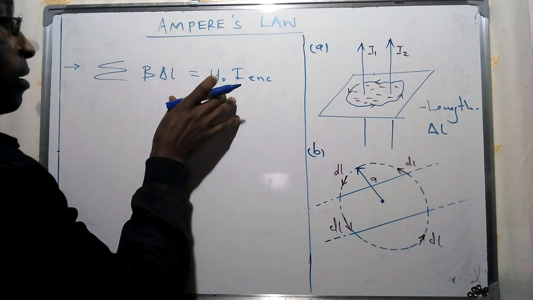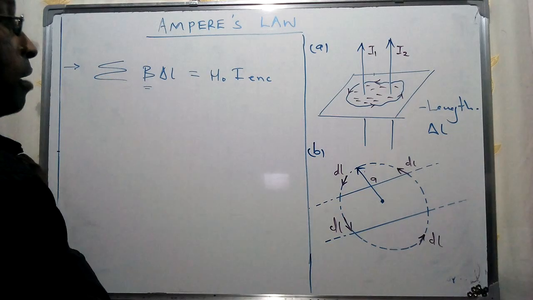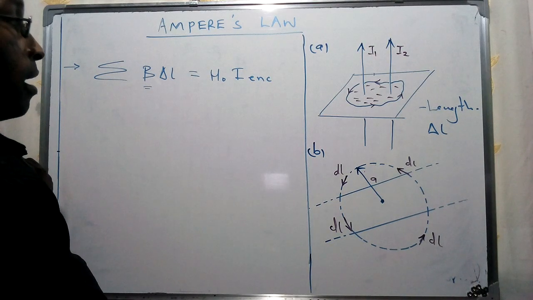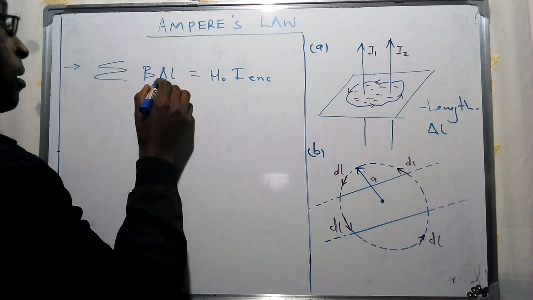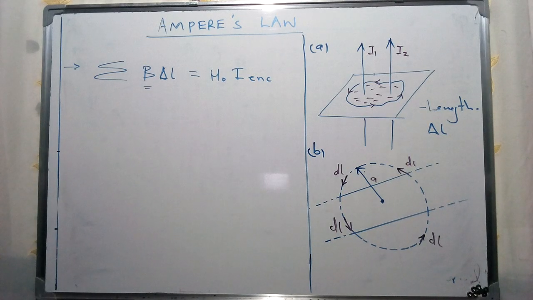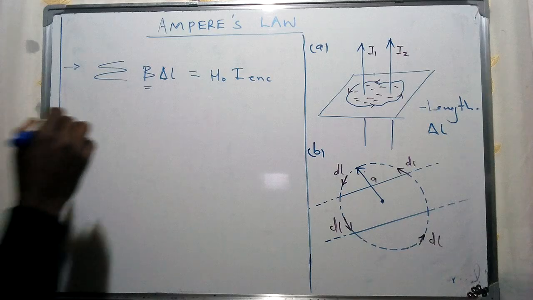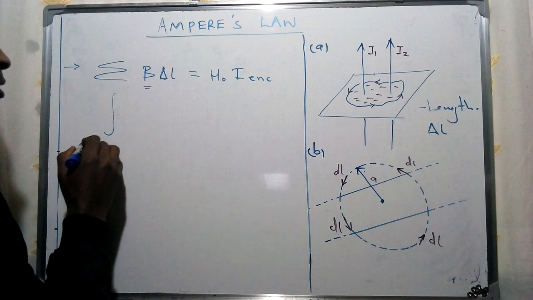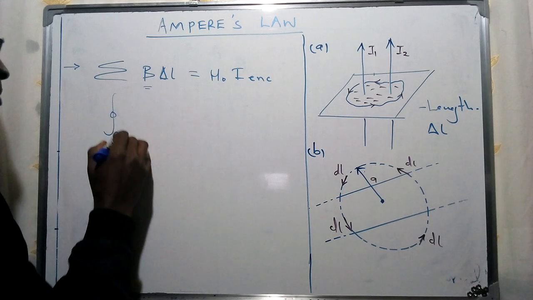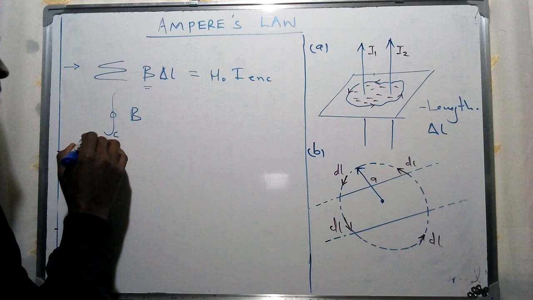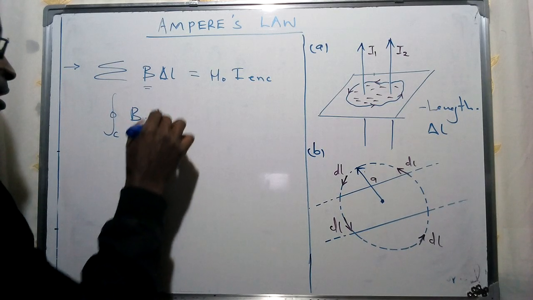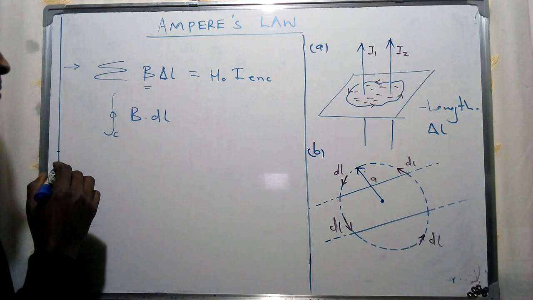Now this is going to assist us in finding the representation of Ampere's law, which can be used in determining the magnetic field. From there, we're going to see that this expression can be expressed in terms of the integral. The integral is basically the summation of these elements, given in terms of the magnetic field and the length dl.